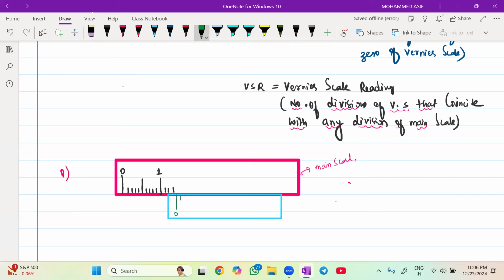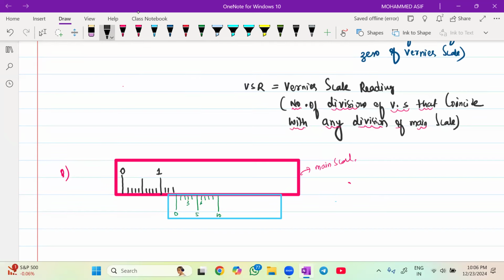Then this is 1, 2, 3, 4, and this one is 5. Now this one is 0, isn't it? So 1, 2, 3, then 5, 6, 7, 8, 9, and this one is 10.